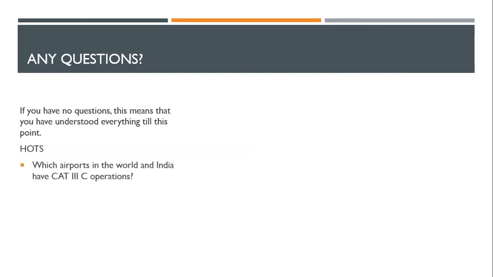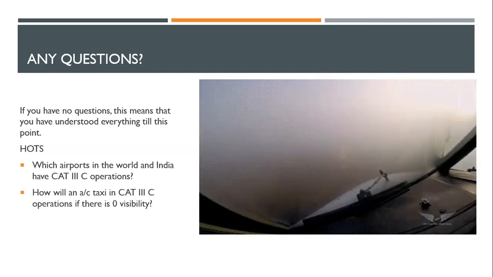All right. So which airport in the world and India, you've already answered, Cat 3 operations are not present anywhere. Now tell me why. Because if we had, then how will an aircraft taxi in category 3C operations if there is zero visibility?